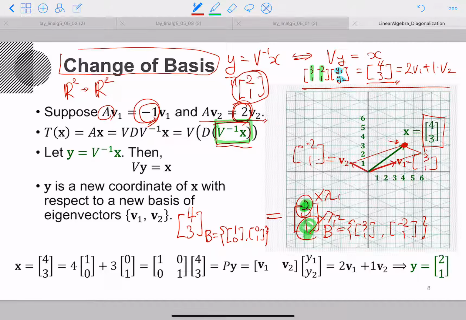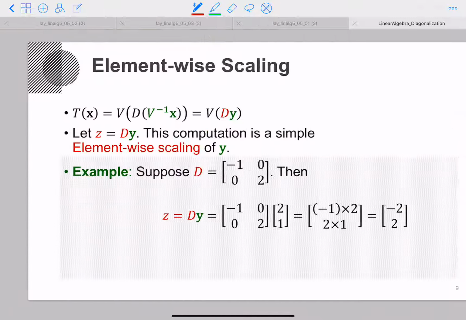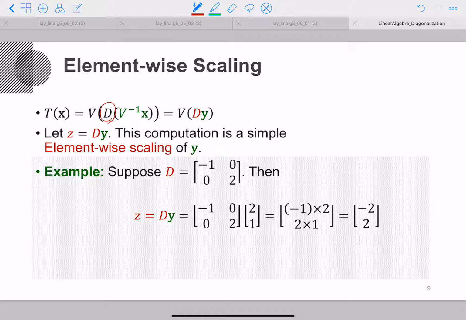That element-wise scaling is done in the second transformation, D. So what is D? D is a diagonal matrix where this entry is lambda 1 and this one is lambda 2. And so this is the same vector x.